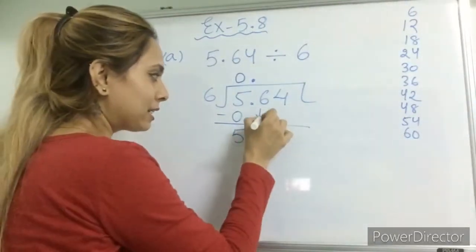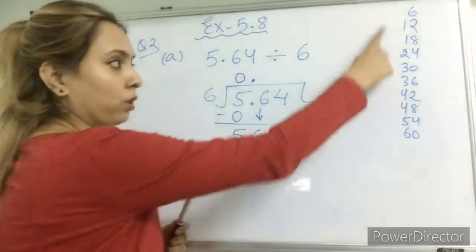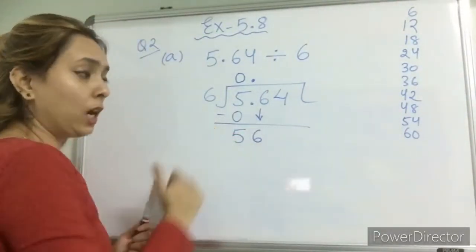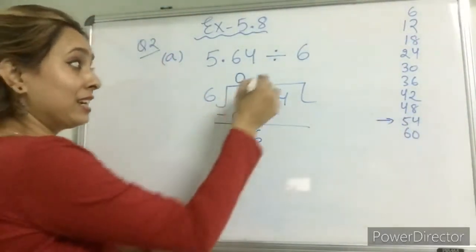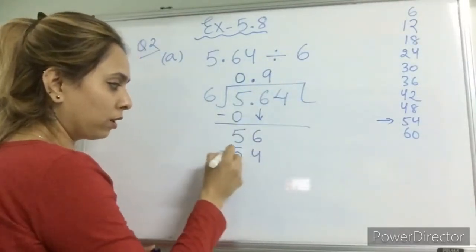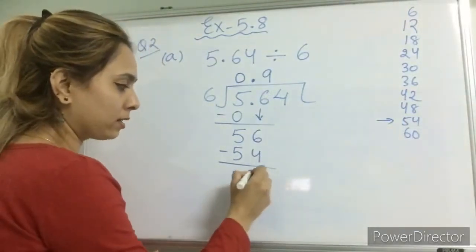Now bring this 6 down. Now we have got 56. Is it divisible by 6 exactly? No. So 54. 6 nines are 54. Now you can see the remainder is 2.